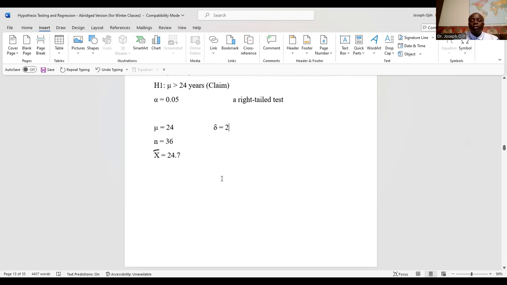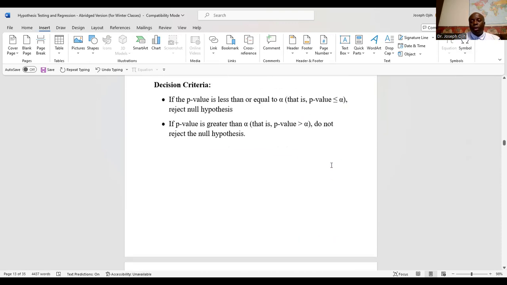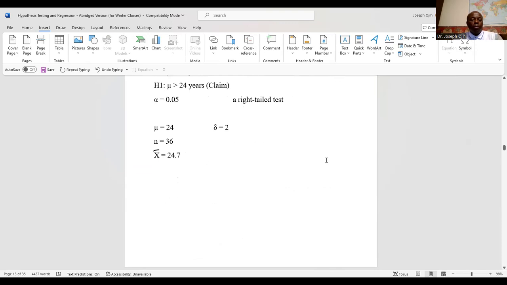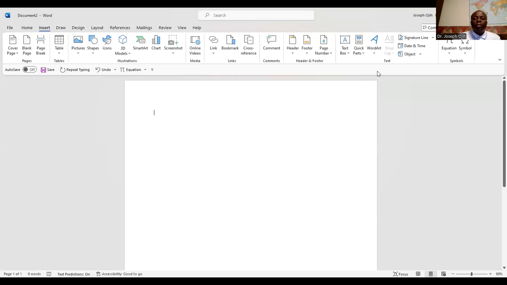Let me write this down. The population mean mu equals 24 years, sample size is 36, X bar is 24.7, sigma is 2. Since we cannot put the formula here, let's go to the workbook and run the test from there.